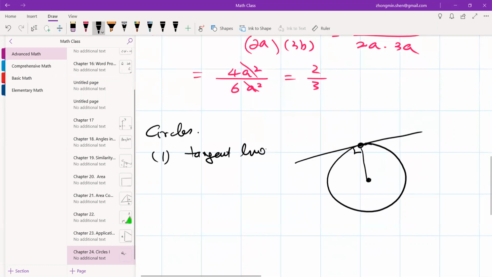Why is it perpendicular? That's from the definition of a tangent line. Roughly speaking, it's just a line touching the circle at one point. So it's kind of symmetric. If you choose a point here and a point here, as long as those two distances are the same, then you draw the two triangles. Those two triangles must be the same, so that's why this must be 90 degrees on each side.